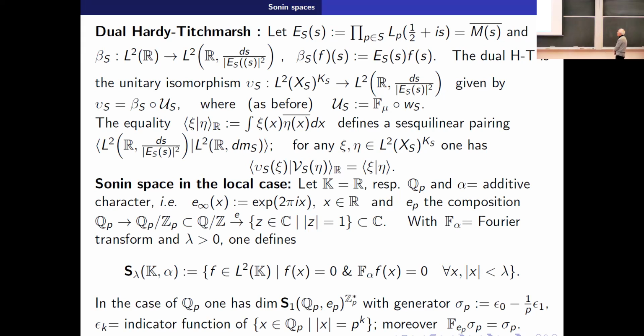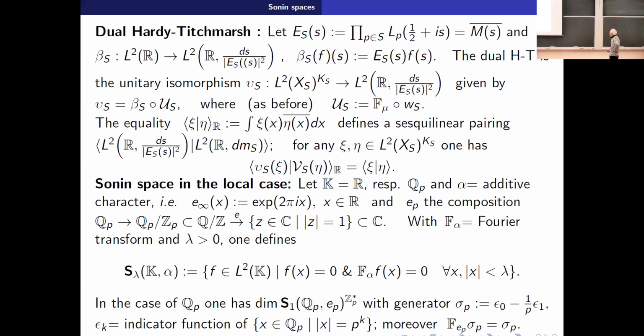In fact, the primes will not be seen in what I'm going to talk about, but there is an important distinction because the Sonin space, the invariant part under the compact subgroup Z star P, has dimension 1. This is something which is special for the finite primes.